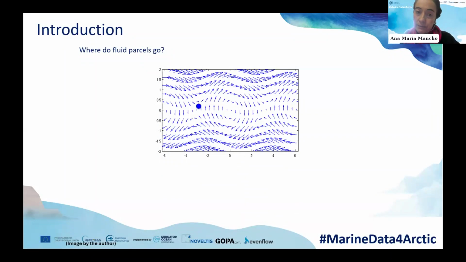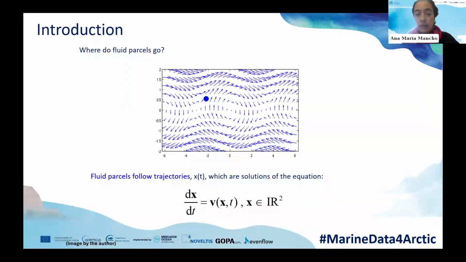And we know that from the purely advective approach, fluid parcels follow trajectories that are solutions of this differential equation, where V represents the velocity field. And in this presentation, this velocity field is going to be provided by datasets from the Copernicus system.